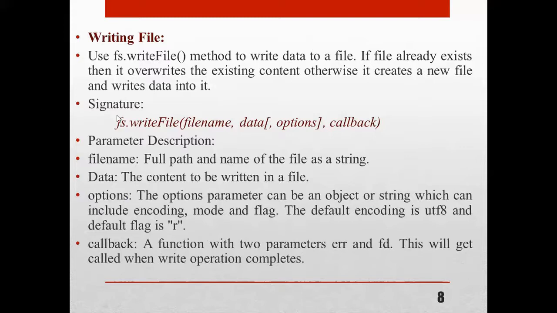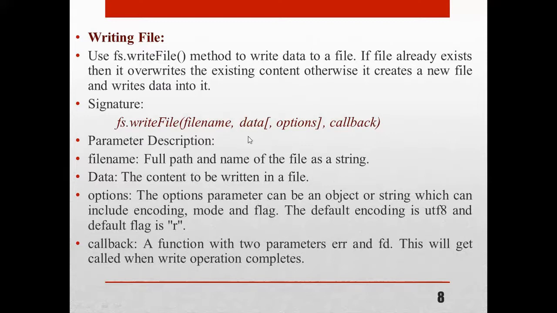This is the signature or syntax for that method, fs.writeFile, and these are the parameters: the file name, then the data to be written, then the options and the callback function. First parameter is the file name. That may be the full path and name of the file as a string. Then data, the content to be written in the file.